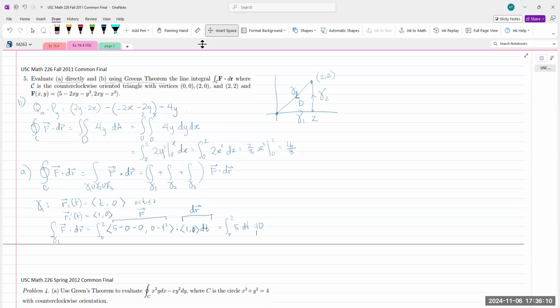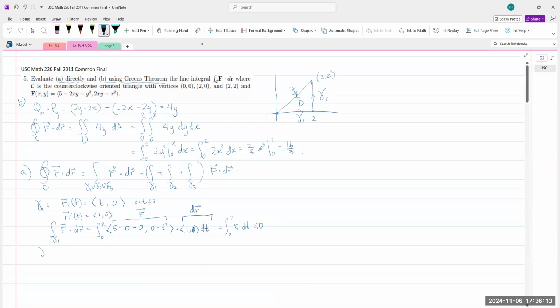Let's see gamma 2. For gamma 2, R2(t) has x already 2, and y moving from 0 to 2.